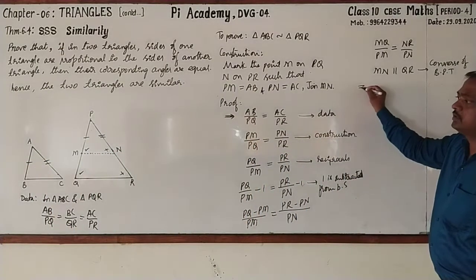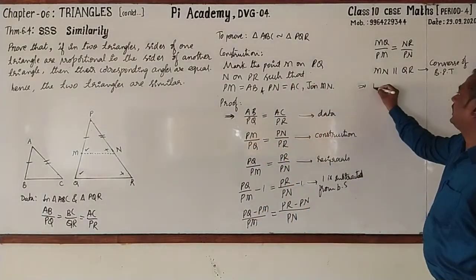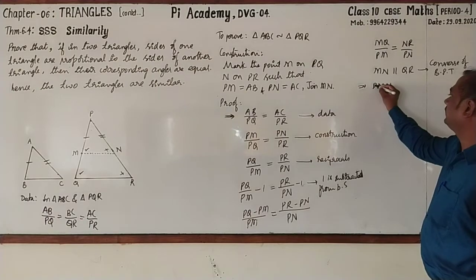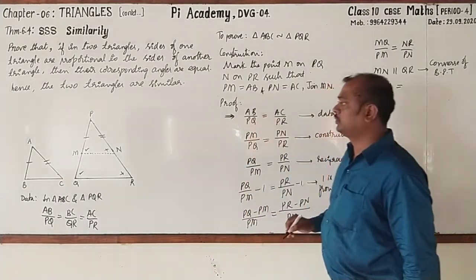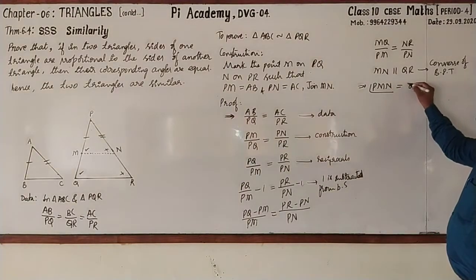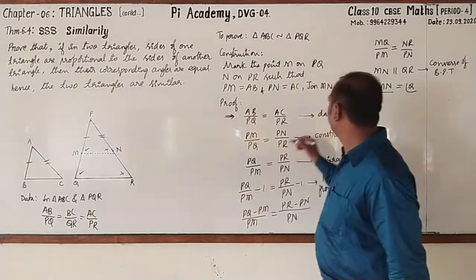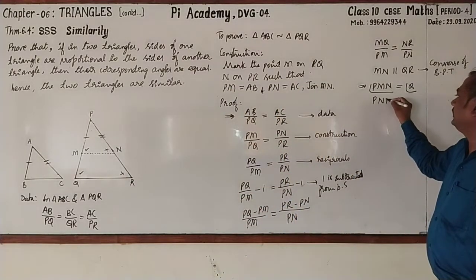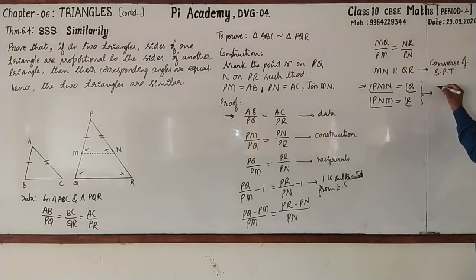Here, angle PMN is equal to angle Q. Then angle PNM is equal to angle R. The reason is the same for both: they are corresponding angles.